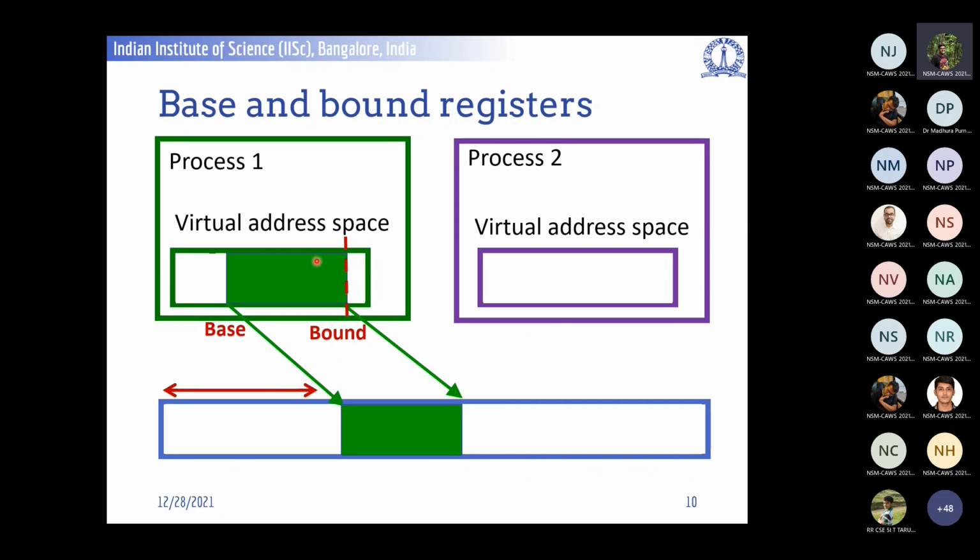So basically, when you get a virtual address for a given process, you will look at the base, which is the offset. You will add that offset and make sure that it is not beyond the bound. Okay, so that's very simple. Each process can have a different portion of its virtual address space allocated, and each of them will have their own base and bound values.